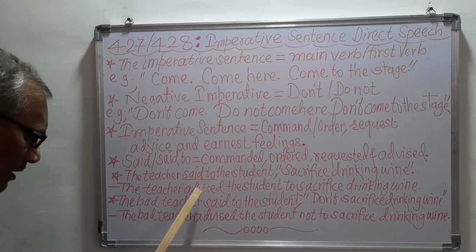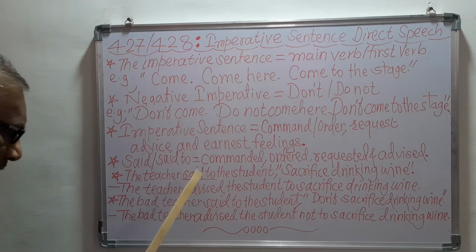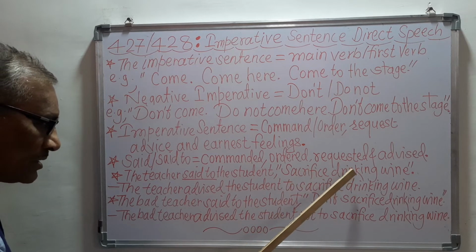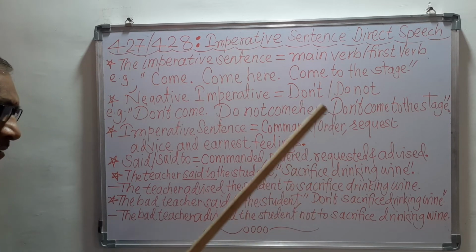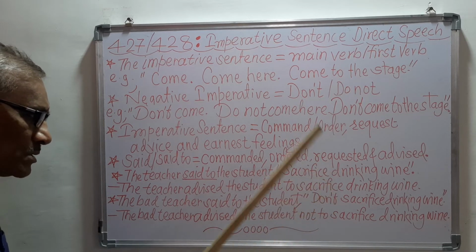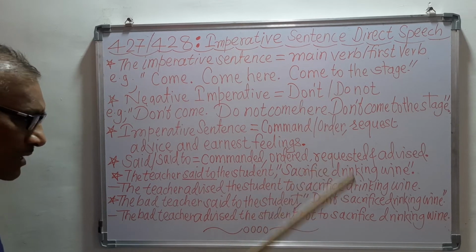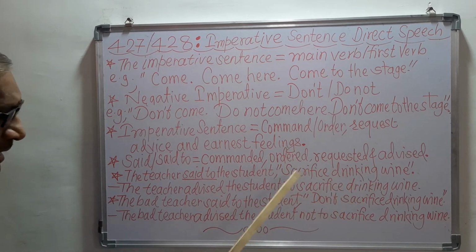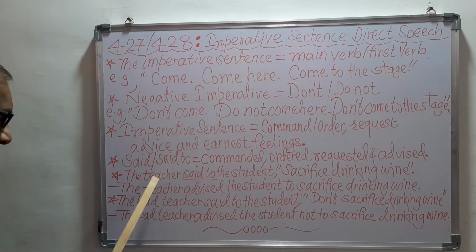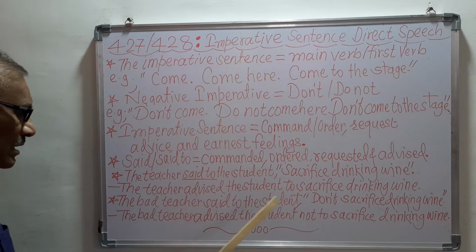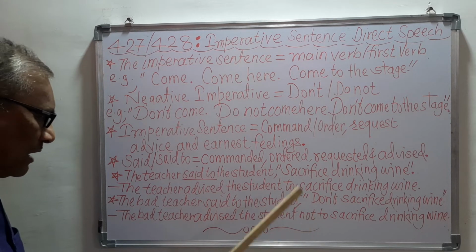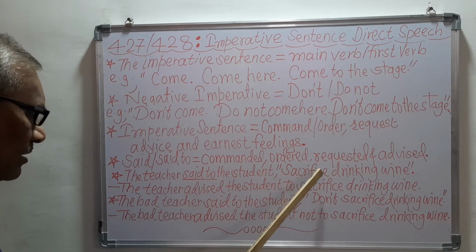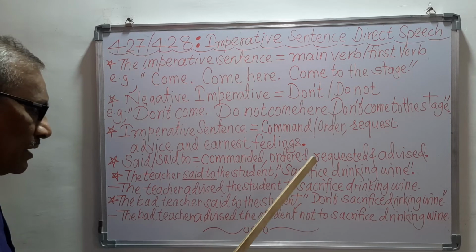Then I have taken here "advised", because in this sentence there is advice. Remember, "sacrifice drinking wine" is the advice from the speaker, because that listener is drinking wine more, and that's why the speaker is giving the advice to the particular listener, and that's why this is the imperative sentence.